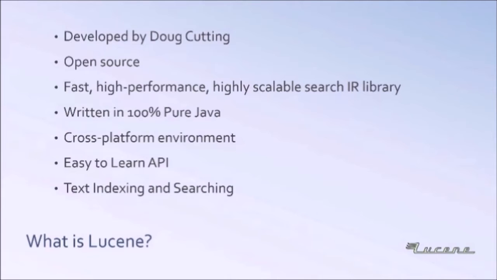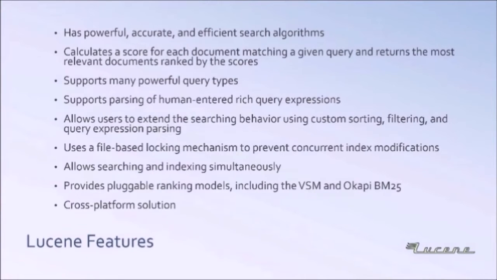Lucene's powerful, easy to learn APIs focus mainly on text indexing and searching. It can be used to build search capabilities for applications such as emailing clients, mailing lists, web searches, database searches, and more. For the sake of time, I will not read through this entire list of Lucene features, but I will hone in on some of the more significant ones. Lucene calculates a score for each document matching a given query and returns the most relevant documents ranked by scores.